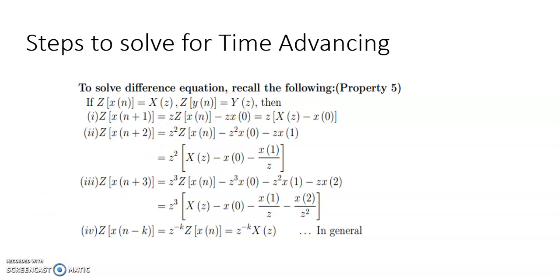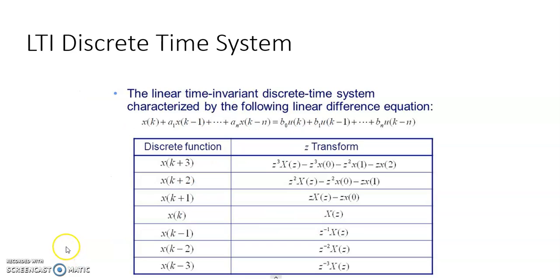And for time delay, it can also be a combination of both time delay and time advancing. So the question can be in the form of k plus 3, k minus 1, k plus 2, k minus 2, k plus 1, k minus 3, any one of these.